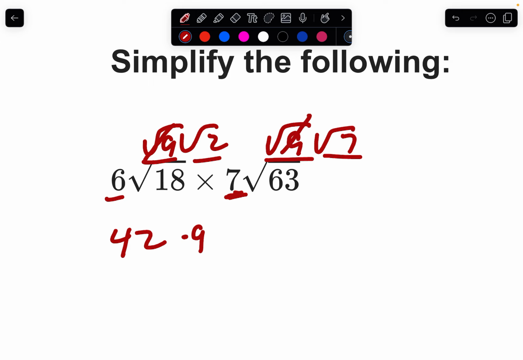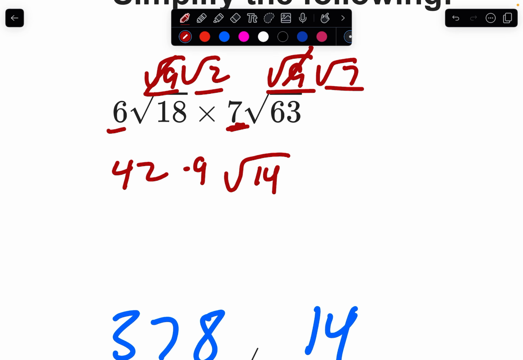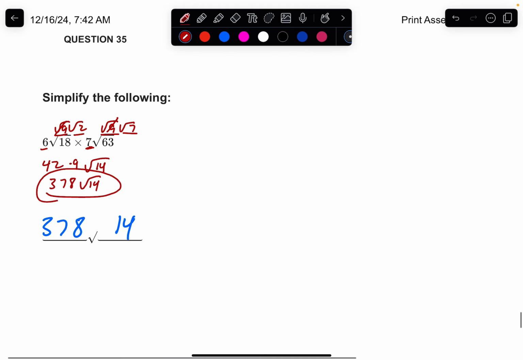We're looking for common factors or perfect square factors. There are no common factors, there are no perfect square factors, so we just multiply 7 times 2 back in. Got to do the 42 times 9. That would be 360 plus 18 would be 378. Wait. 360 plus 18 would be 378. Yes. Don't forget there's a root 14 on there. Got it. Perfect.